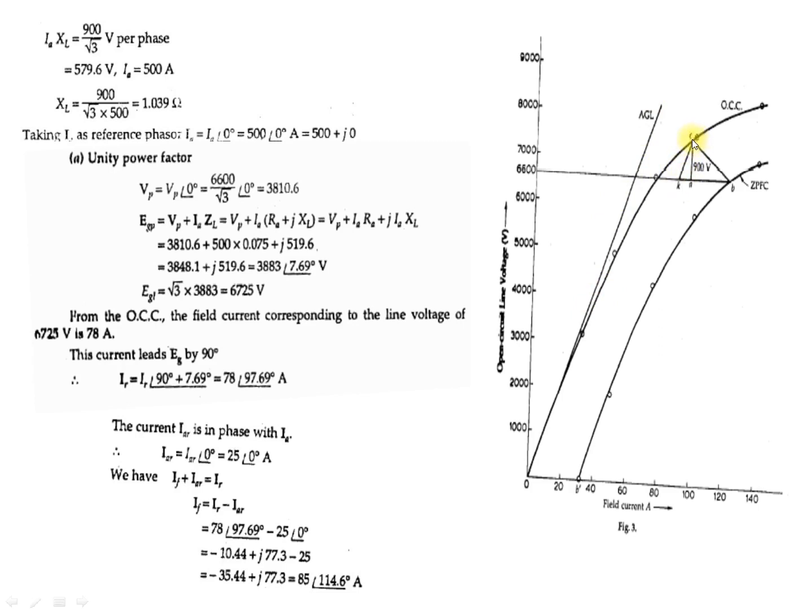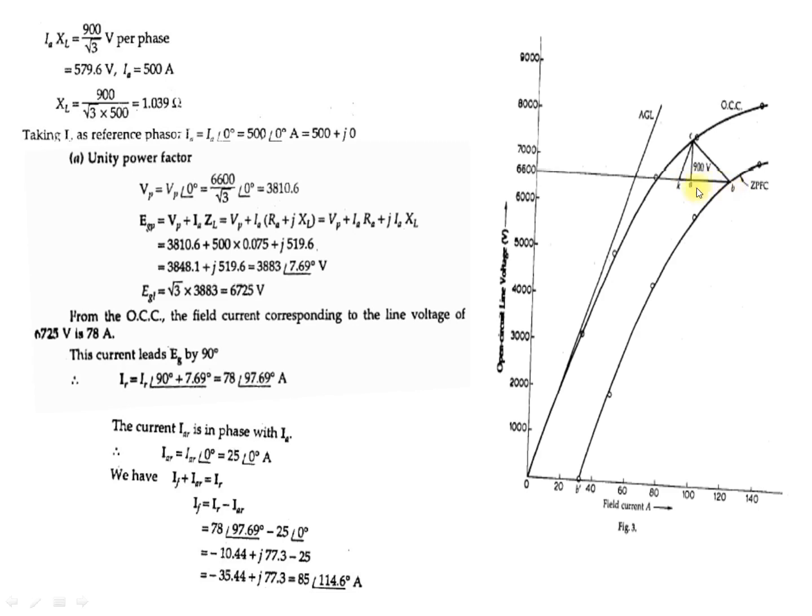So by drawing the parallel line, we can get this particular line. So after getting this particular C point, just connect B and C and give one perpendicular line from C to this particular point. So here we can measure the values of the dB, which is going to be the field current which is used for supplying the voltage drop due to the armature reaction.